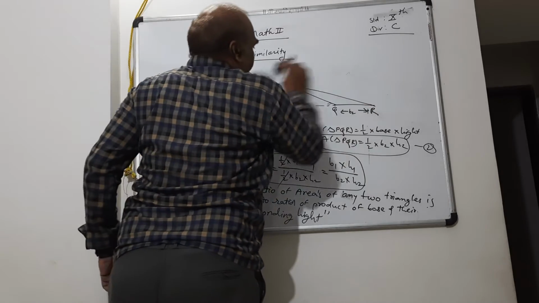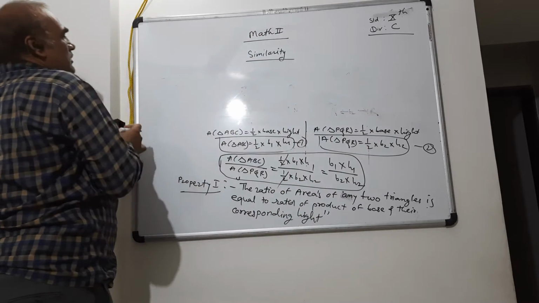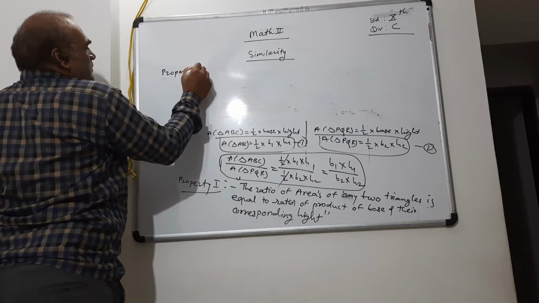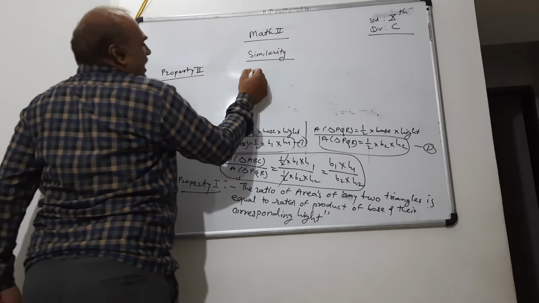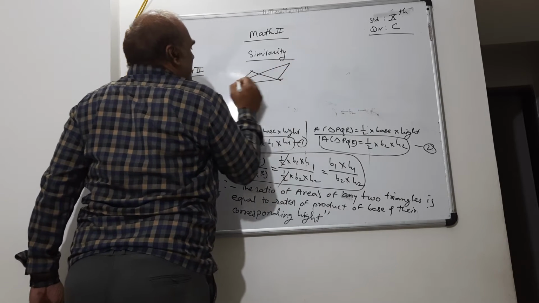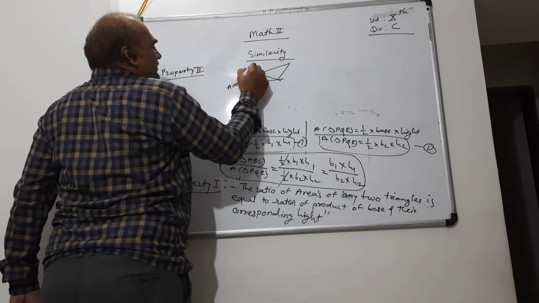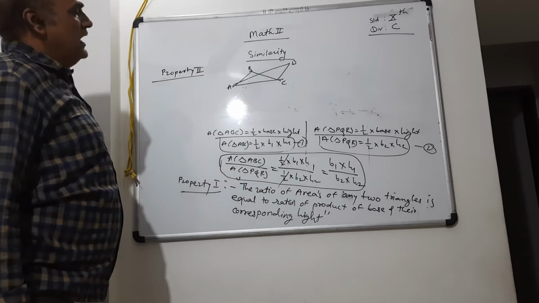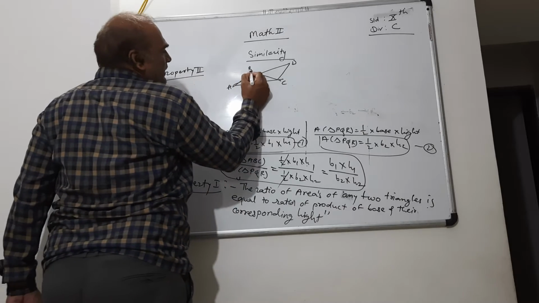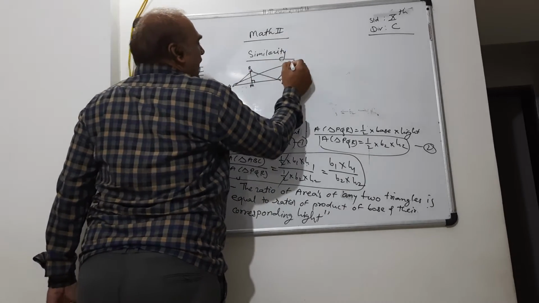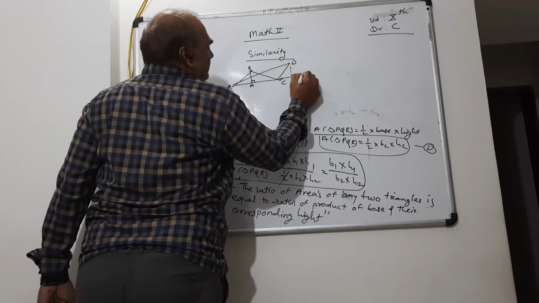Second property, number 2. See here, this triangle is ABC and another triangle is ABD. Now ABC has the height BM and ADC has the height AM.